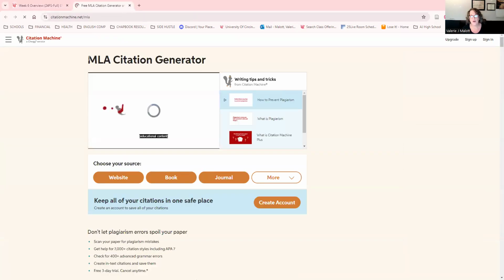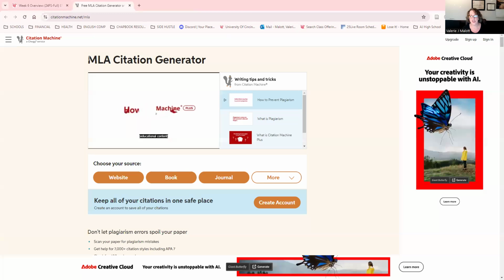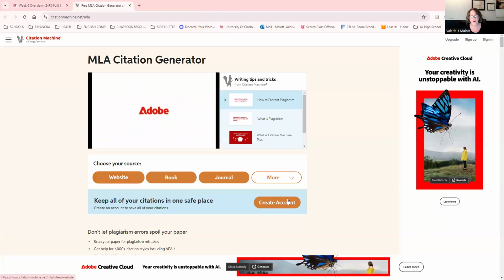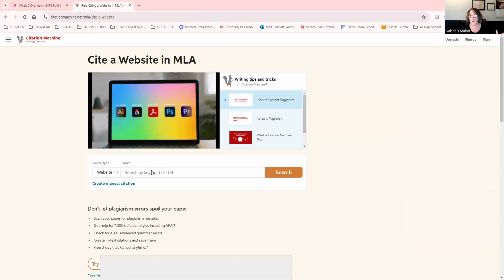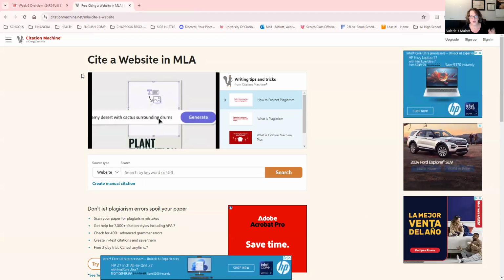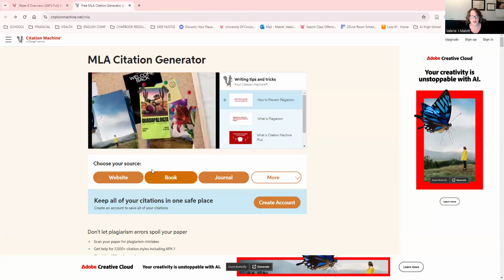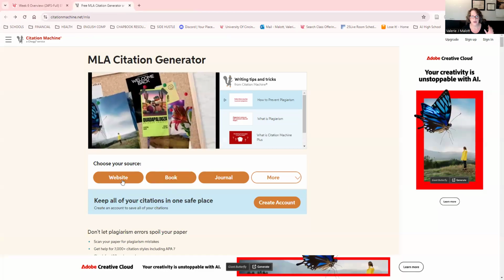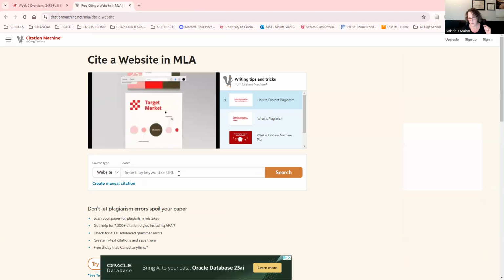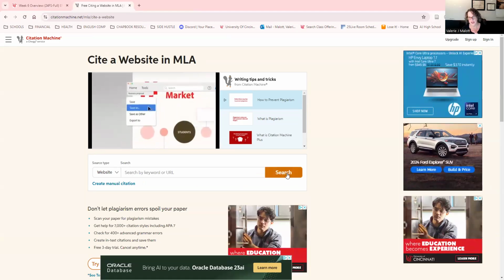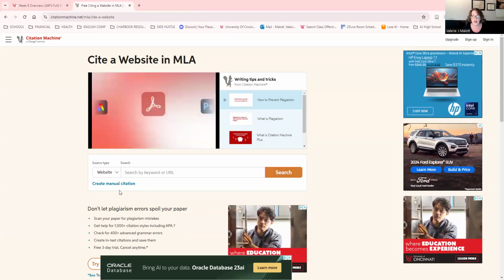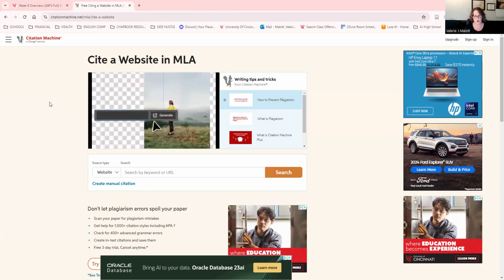You want to make sure that it's the MLA citation generator, and then you can select whether it's a website, a book, and so on and so forth. You click on it. If it's a website, you put in your URL and you click on search. The video that I've done takes you through the whole process.